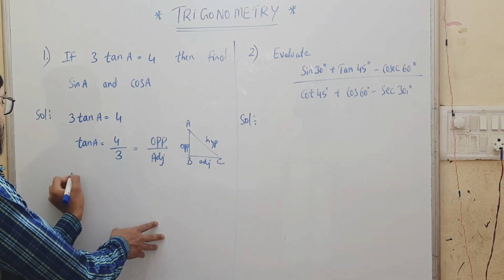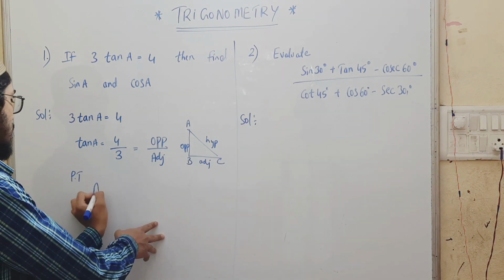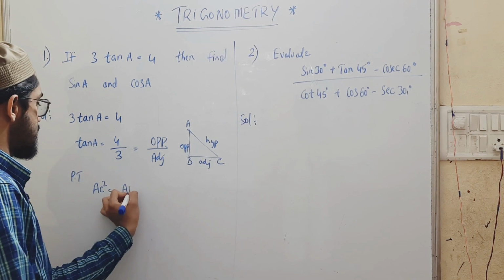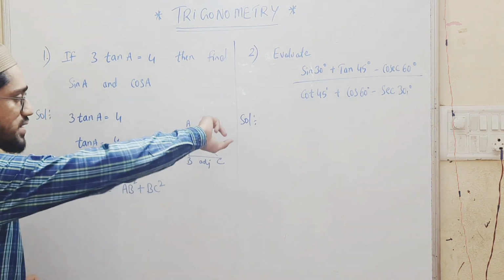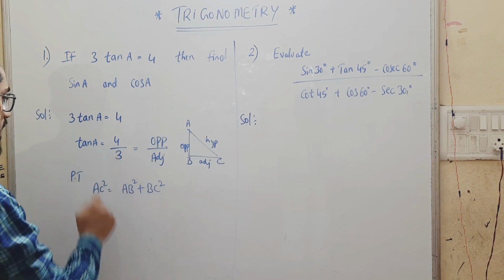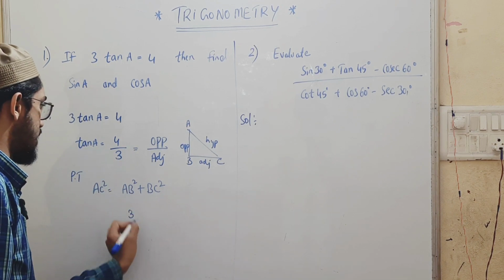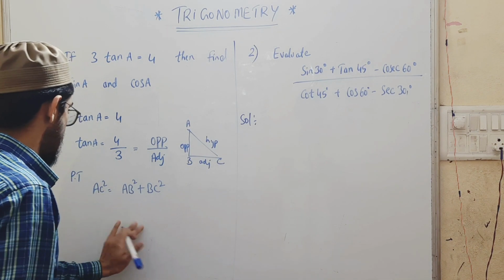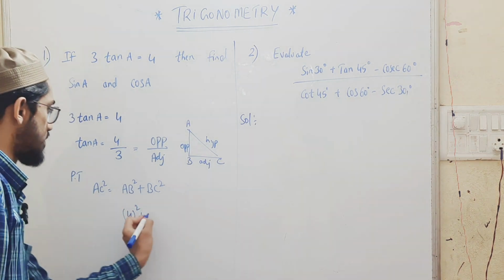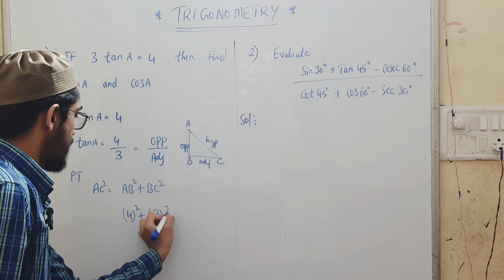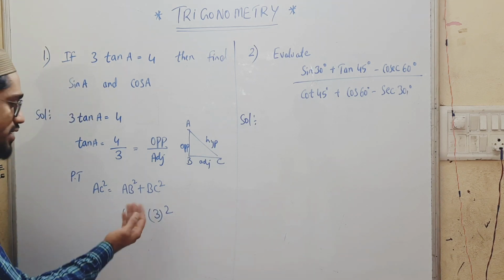Alright, now using the Pythagoras theorem formula, AC square is equal to AB square plus BC square. In the place of AB, write 4 square, plus in the place of BC, write 3 square, because we know the opposite, we know the adjacent.